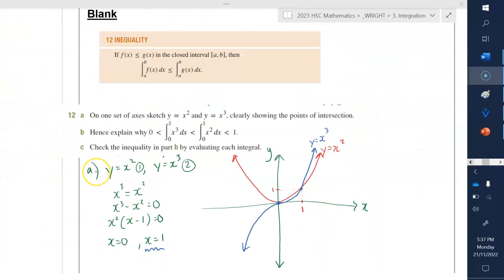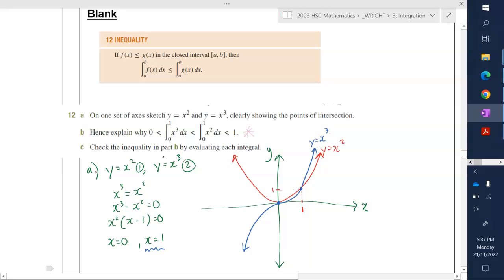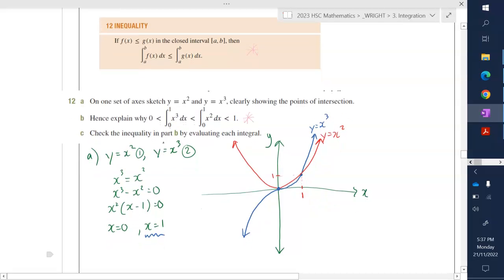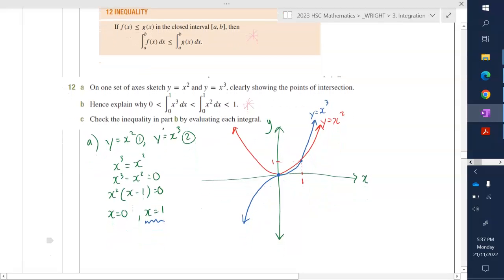Let's see what we know about this. In order to answer this part, we're going to need to use our rule up here. And our rule says that if a function f of x is less than or equal to a function g of x, then the integral of f of x is less than or equal to the integral of g of x between those two closed points. So we have our closed points here, our 0 and our 1.